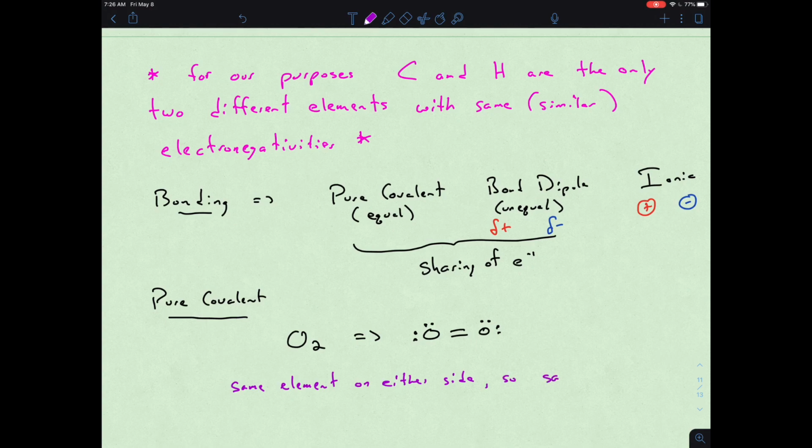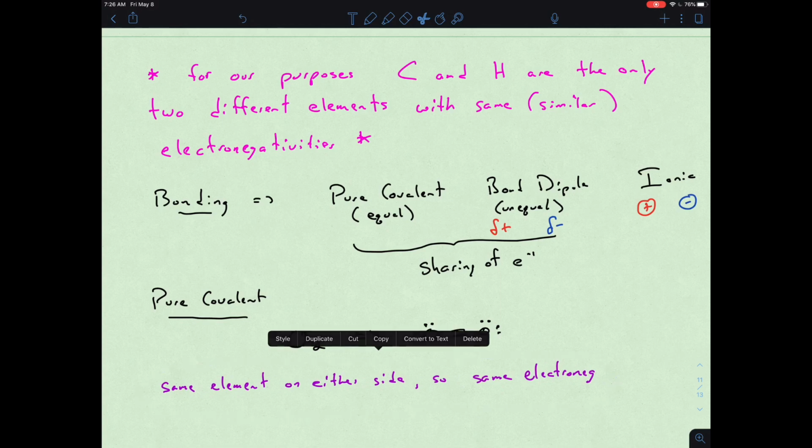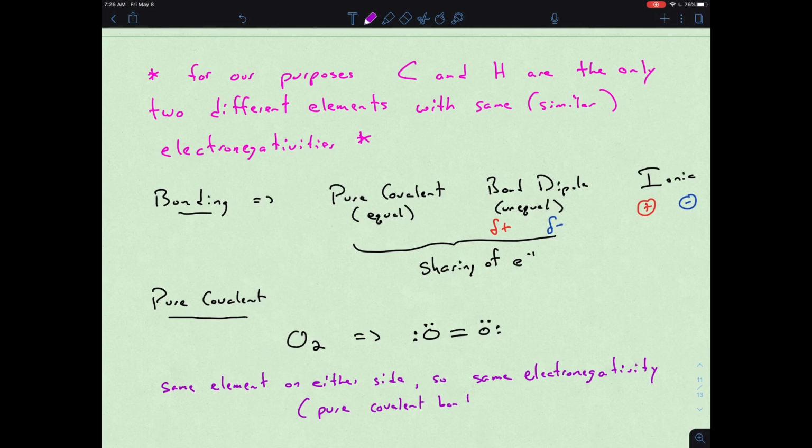So same electronegativity. This is a pure covalent bond with equal sharing of those bonding electrons.